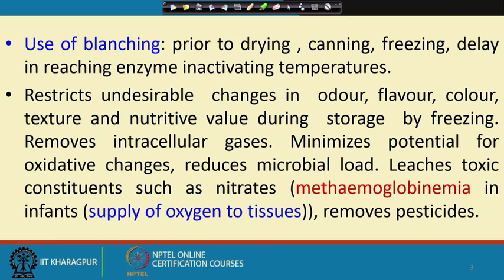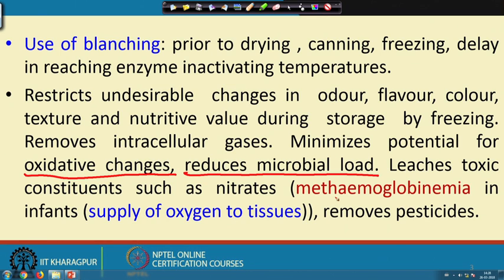It removes intracellular gases, minimizes potential for oxidative changes, reduces microbial load, or leaches out any toxic constituents such as nitrates.